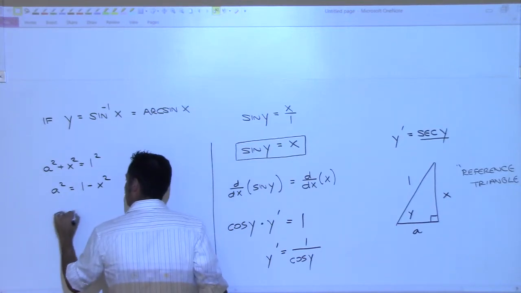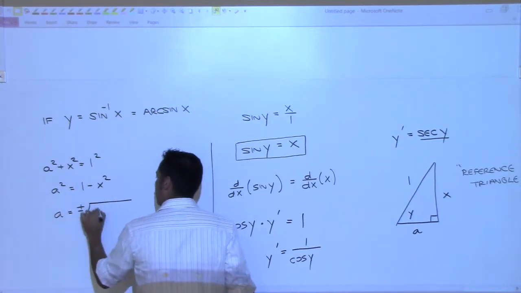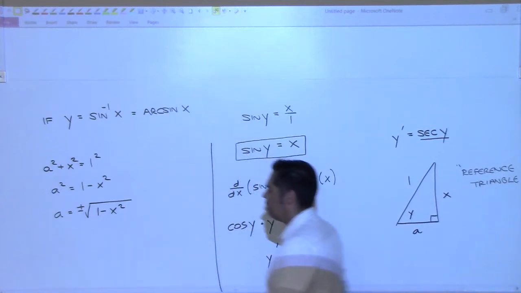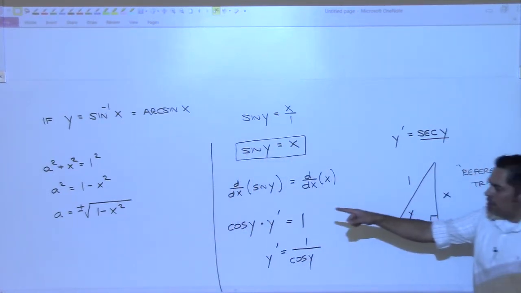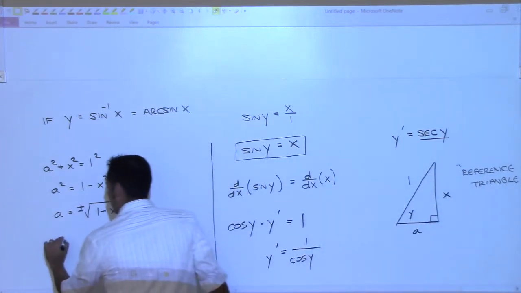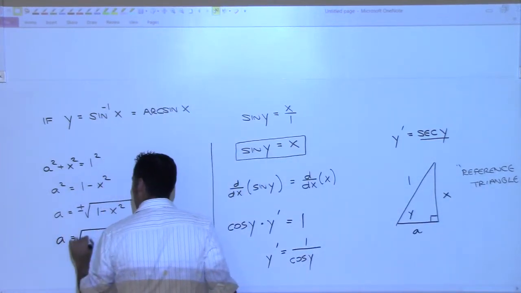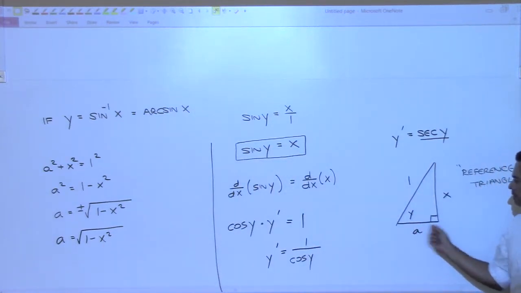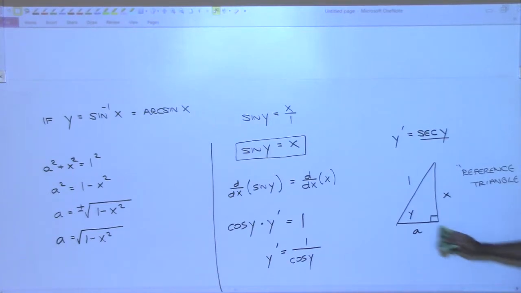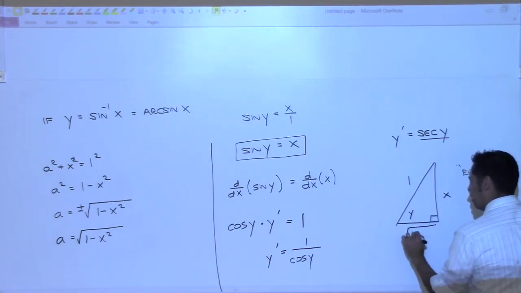That means A is equal to plus or minus the square root of 1 minus x squared. So that's just your Pythagorean, right? I'm only going to look at the positive answer here because A has to be a positive number. It's the length of a side of a triangle. So this side right here is actually this.